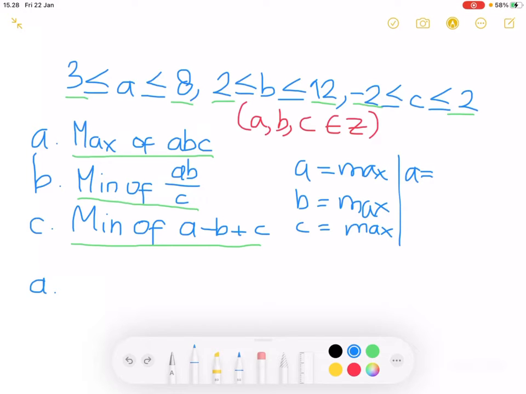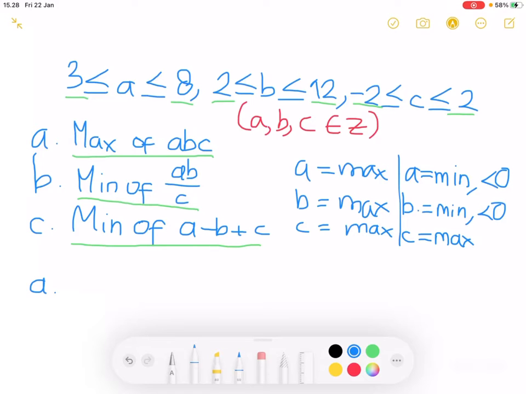A is at the minimum and less than 0, B is at the minimum and less than 0, and C is equal to max.